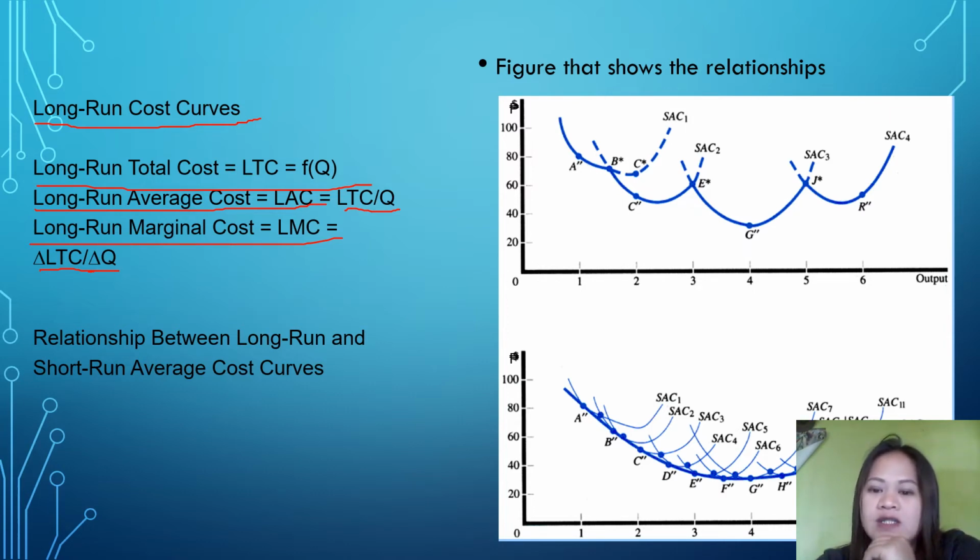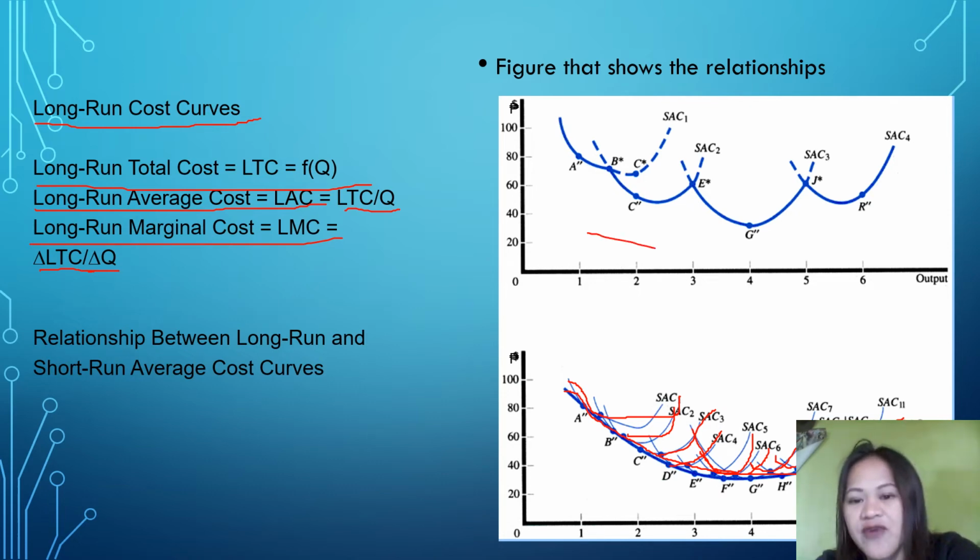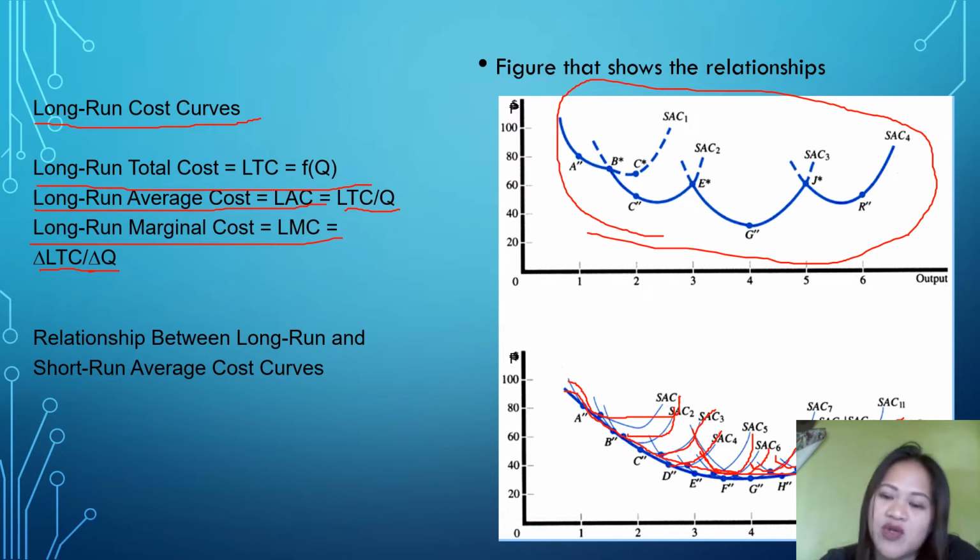In the long run, we could actually find only one curve, which is considered to be the long run average cost. In the long run average cost, you could actually see different short run average costs. These short run average costs are considered to be operations in the different short run periods. Among these different short run average costs, we could pick which is the best stage of production.